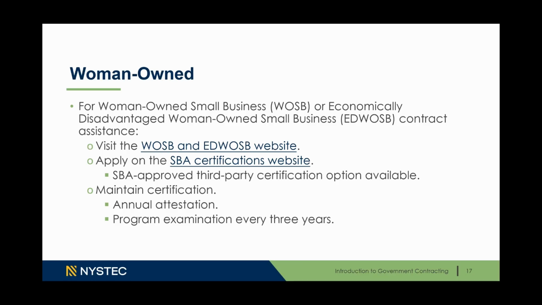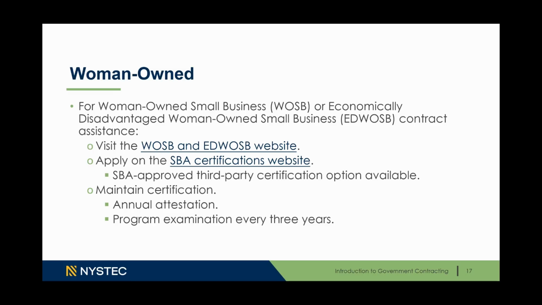So, woman-owned business. On state levels, a lot of times you hear MWBE, which is minority and woman-owned business. When you hear woman-owned business on the federal side, you'll hear it often called WOSB, and for economically disadvantaged, it is EDWOSB.